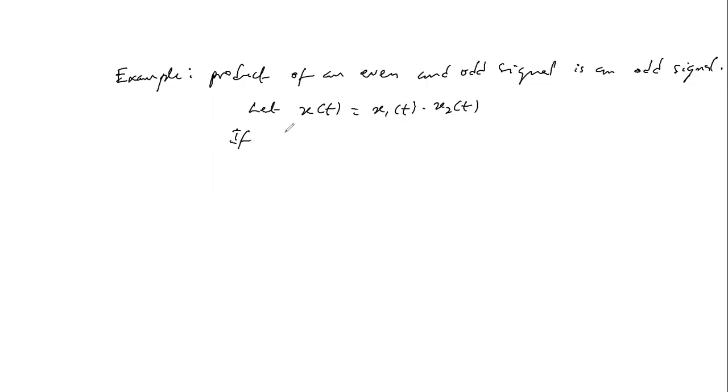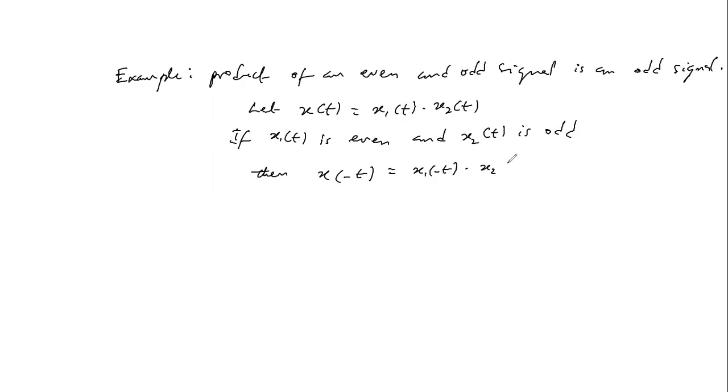If S1 of t is even and S2 of t is odd, then as in the previous case, S of minus t will give us S1 of minus t dot S2 of minus t.